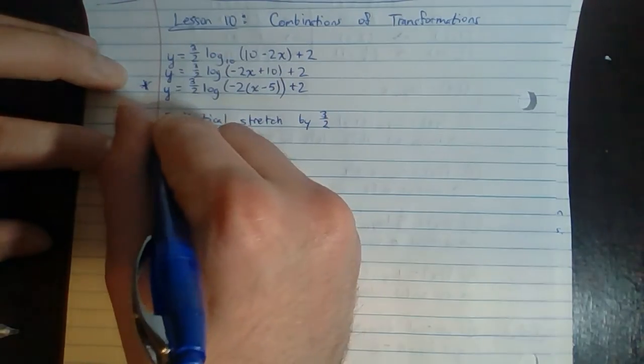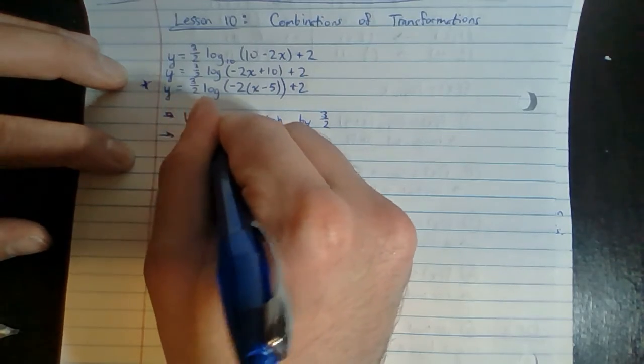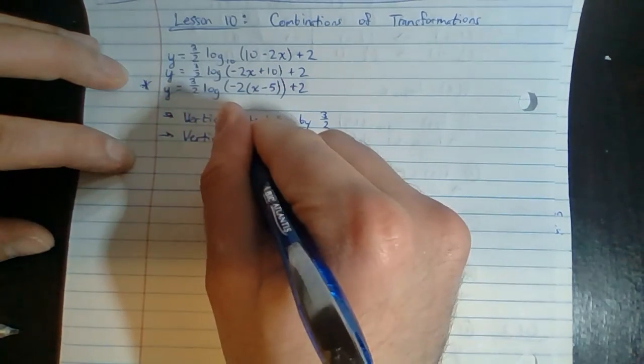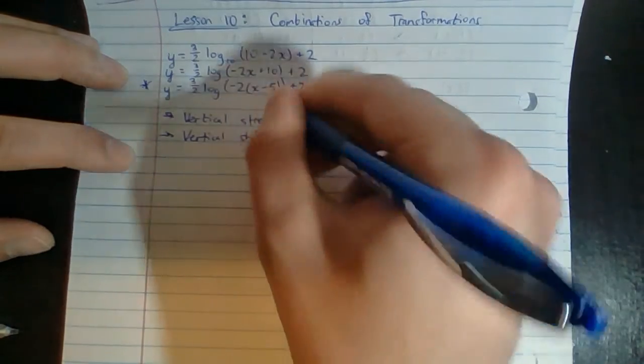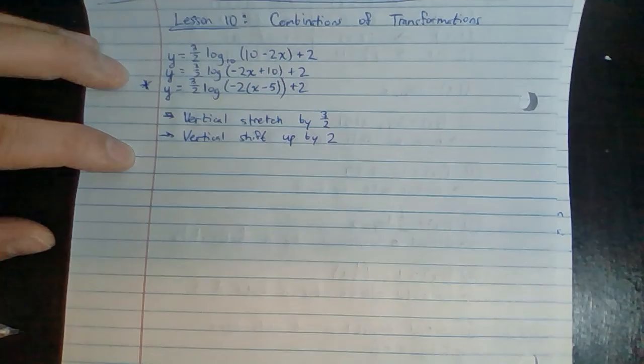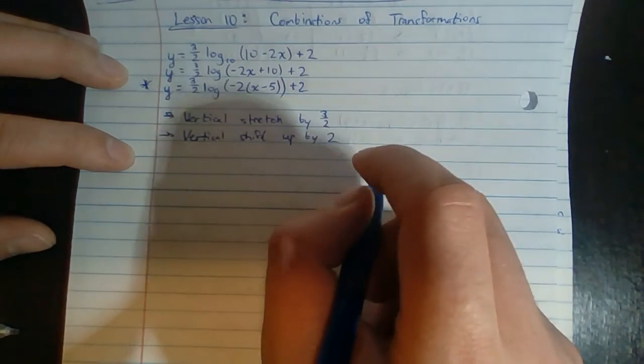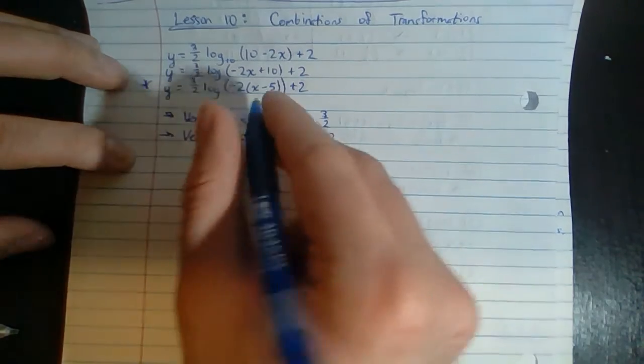We have an addition to the whole function. So we have a vertical shift, vertical translation up 2 units. So these are both our vertical transformations.